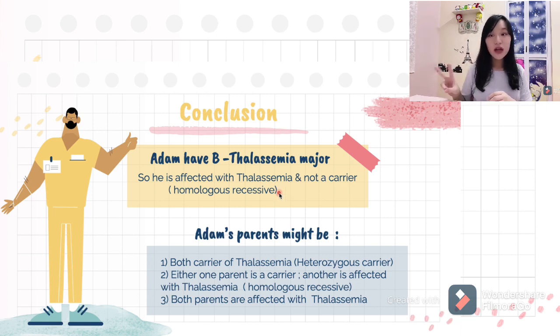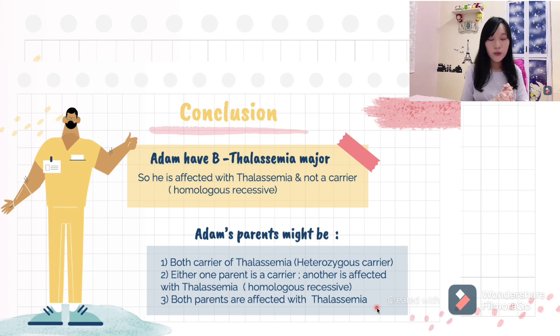And secondly, we can conclude that Adam's parents might be both carriers of thalassemia, which means they are heterozygous carriers, or either one of the parents is a carrier while the other parent is affected with thalassemia, who is homozygous recessive. And there is also one more possibility, which is that both of Adam's parents are affected with thalassemia.